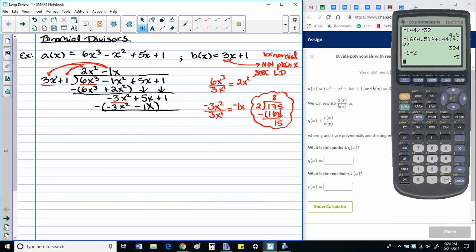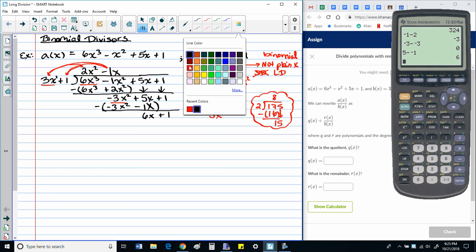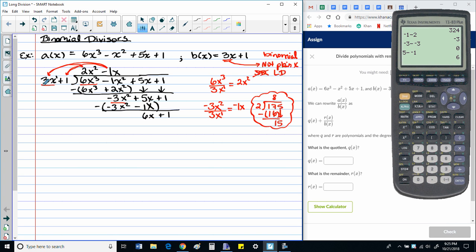So now negative 3 minus negative 3. See? Boom. They cancel. 5 minus negative, that's the same as plus. But if you're not sure, 5 minus negative 1. See? 6. So we get 6x plus 1.